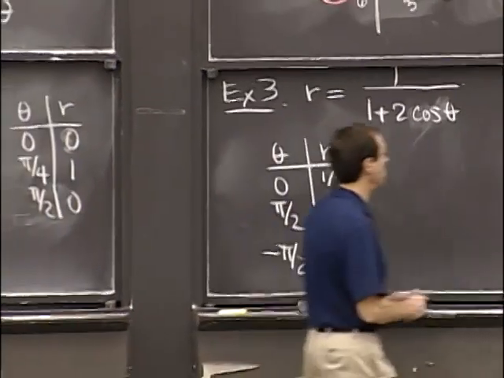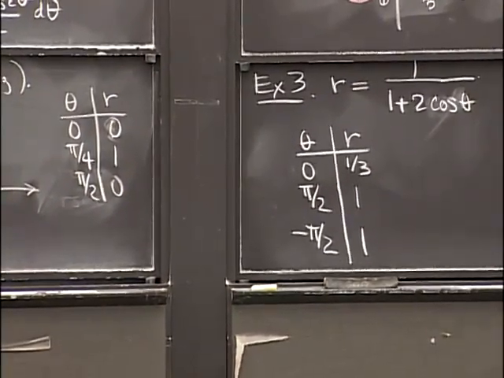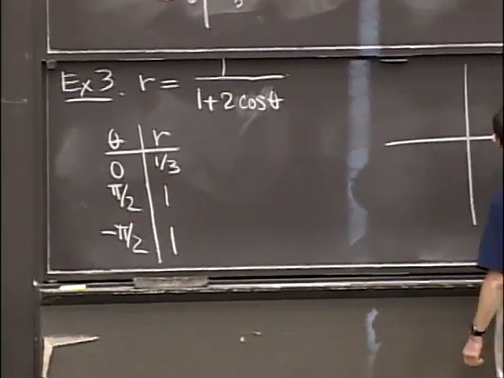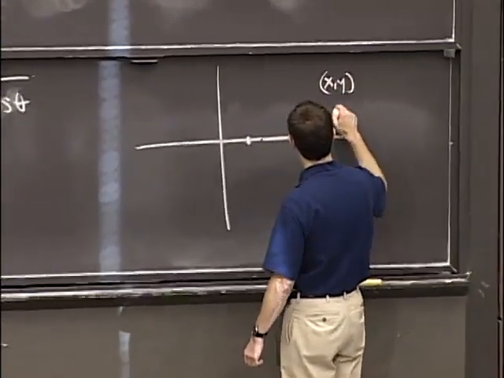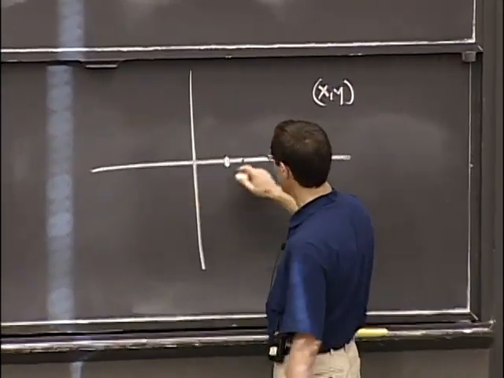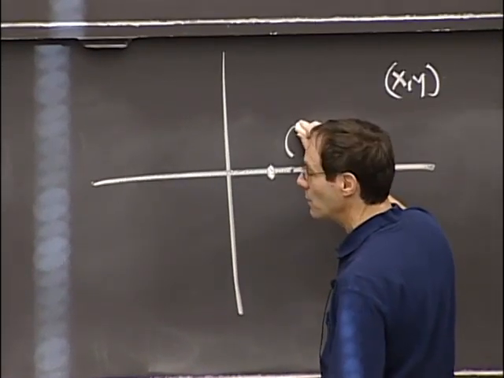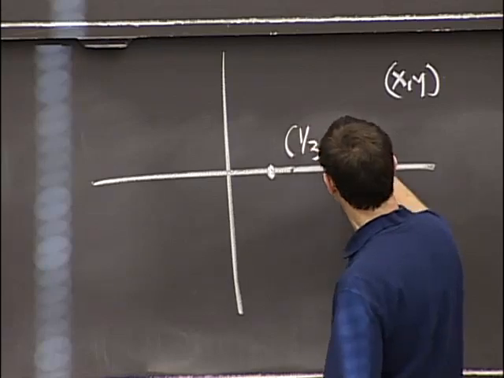So now I'd like to just plot those points anyway and see what's going on with this expression here. The first one is rectangular. I'm going to write the rectangular coordinates here, not the polar coordinates. The rectangular coordinates here is a third out at the horizontal, so it's 1/3, 0.